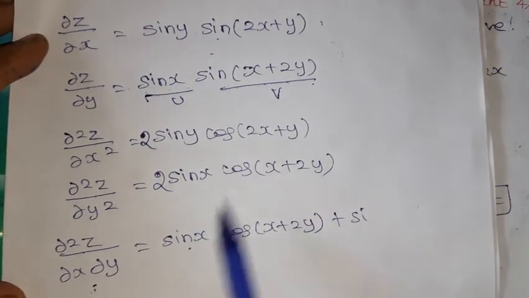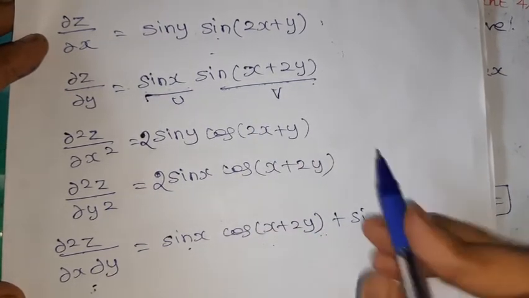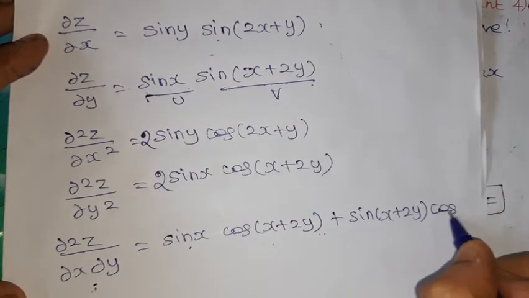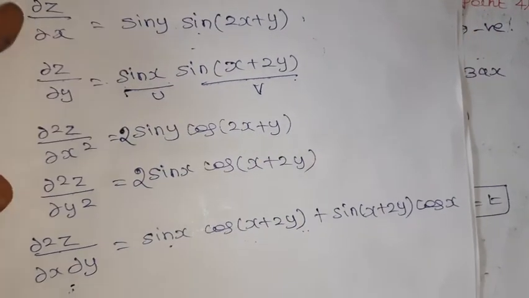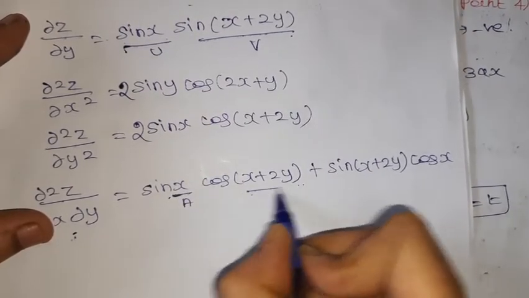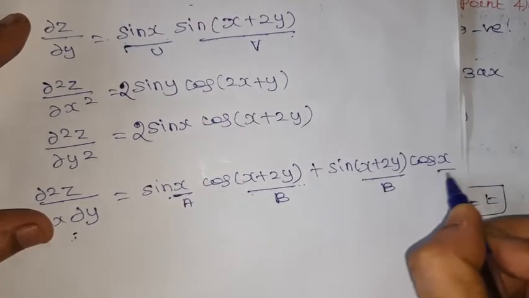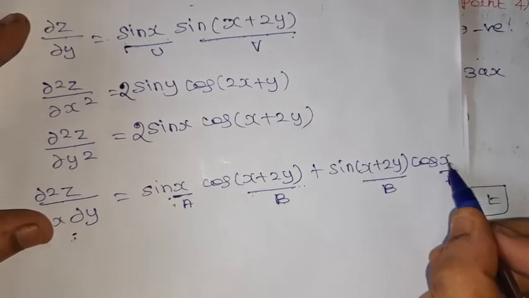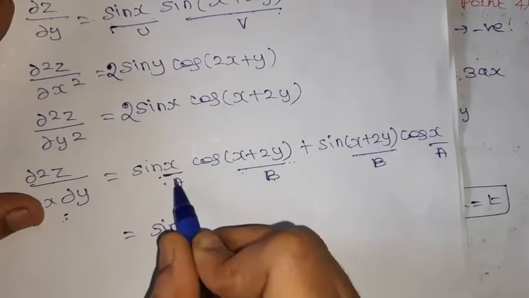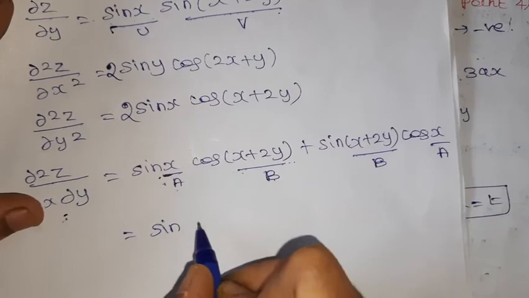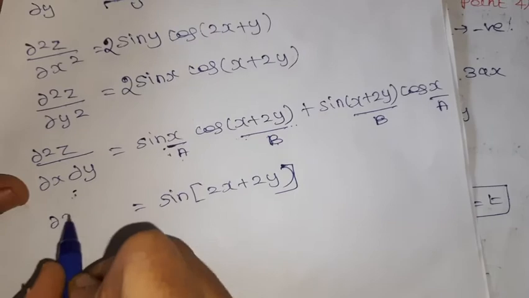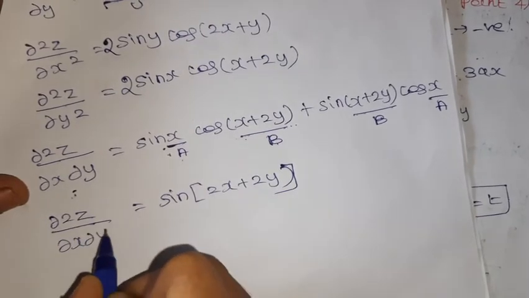So keep u as constant and differentiate cos of x plus 2y, then sin x into cos of x plus 2y, plus, see this is also a b, b a: sin a cos b plus cos a sin b, sin of a plus b. So sin of a plus b, with this term x plus 2y, so sin of 2x plus 2y. This is dou squared z by dou x dou y.